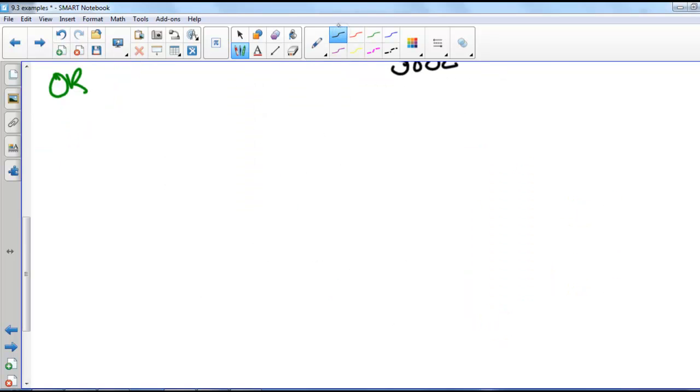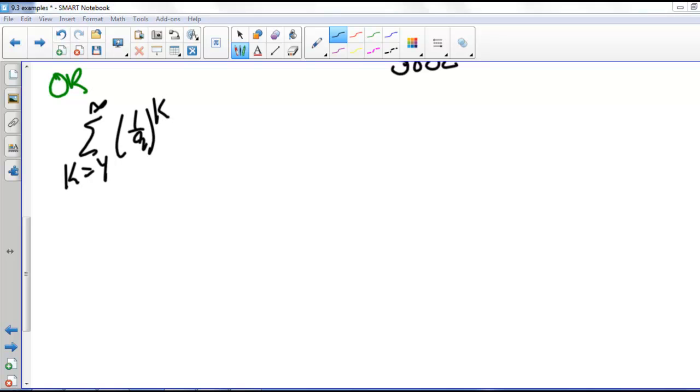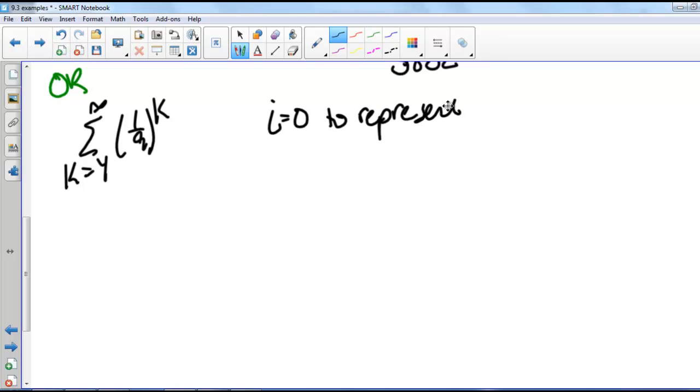If we start with our series, k equals 4 to infinity of 1/9 to the k, we can shift the index using a substitution. So to do that, we want i equals 0 to represent k equals 4. So we're going to let k equal i plus 4.